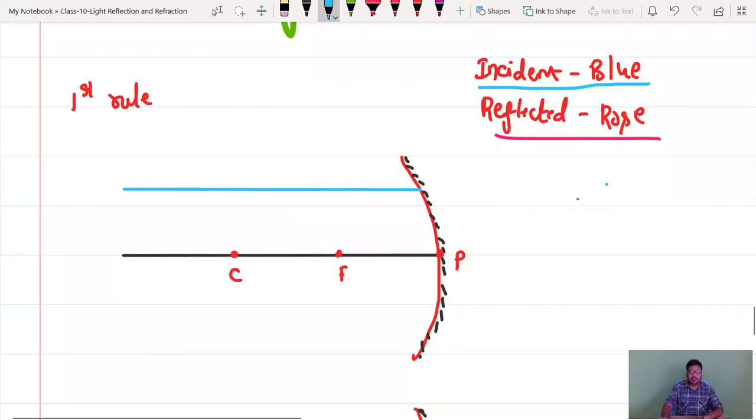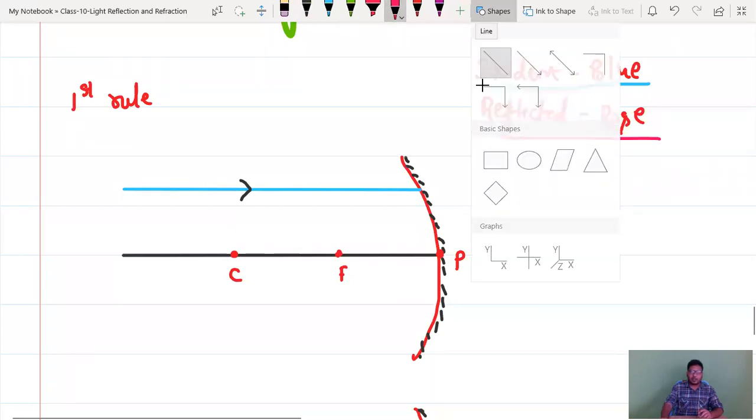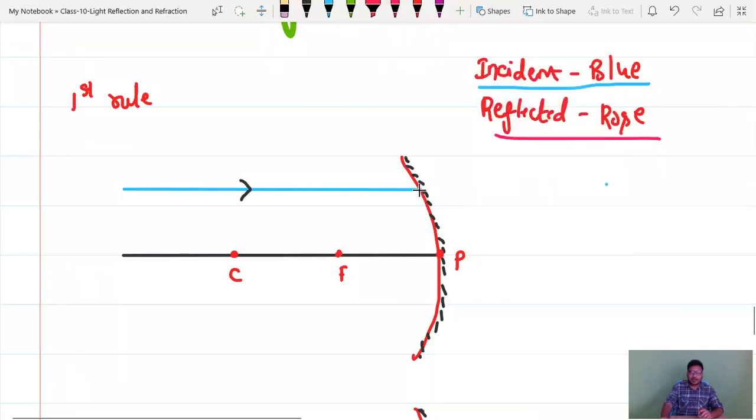Any incident ray coming from infinity, passing parallel to the principal axis and touching the mirror, after touching the mirror, that incident ray will definitely pass through focus. That is the first rule you have to understand.